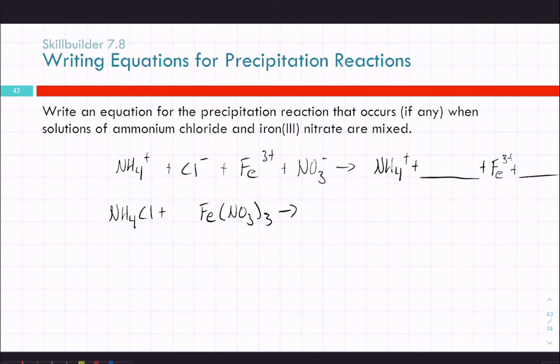So we just swap chlorine and nitrate. For such an easy concept of just swapping them, and I speak from personal experience on this, it's really easy to just move them over in the same order and think that you've swapped them. I've done it. So chlorine and ammonium were together on the products, so we want nitrate. And then we'll put chlorine in the other slot.